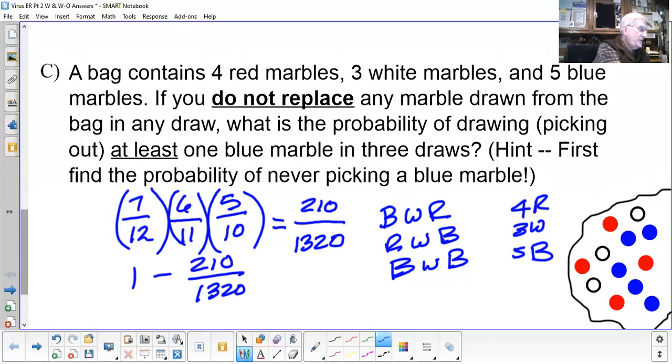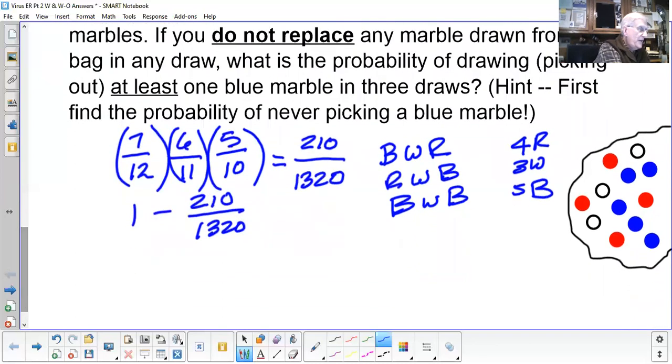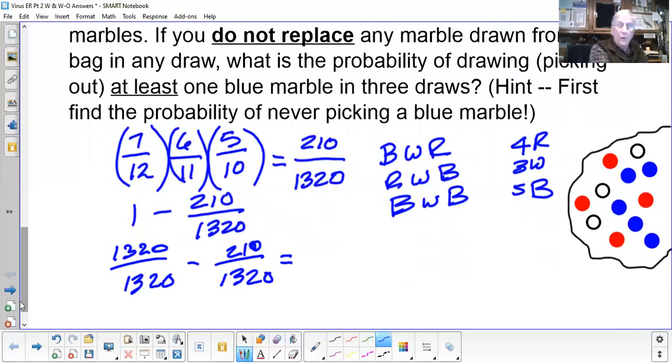If I change the 1 here to 1,320 over 1,320 and subtract from it 210 over 1,320, by the way, I'm not worrying about reducing any of these answers, so 1,320 minus 210 gives me 1,110 ways out of 1,320 to get at least one blue marble from this bag.